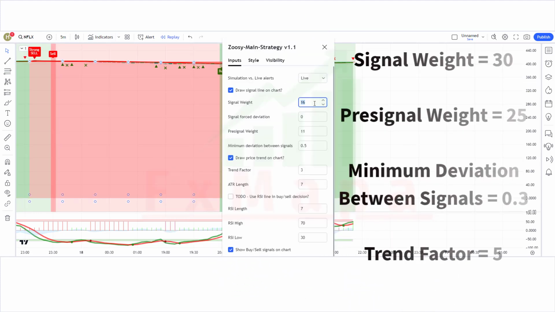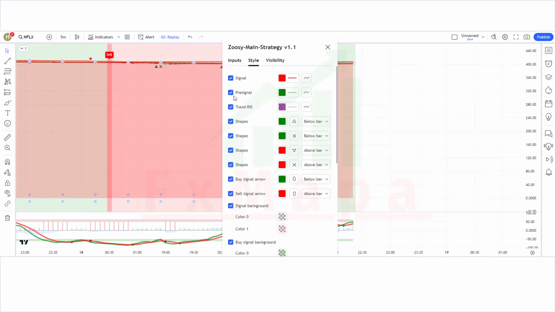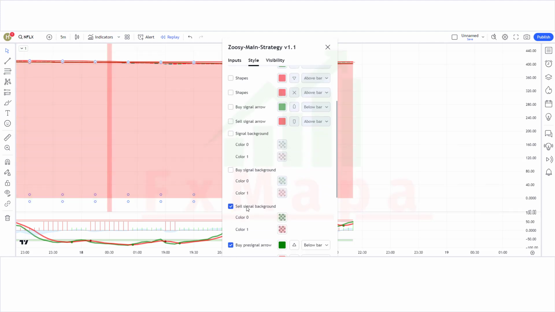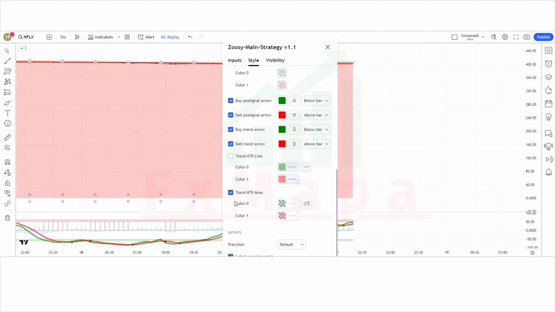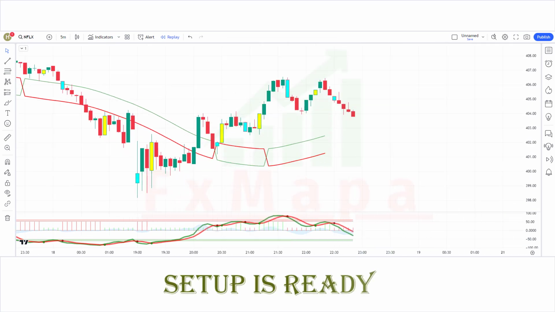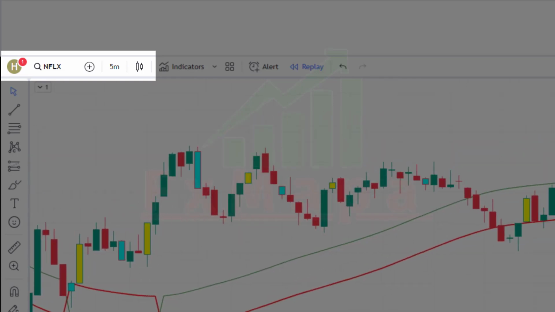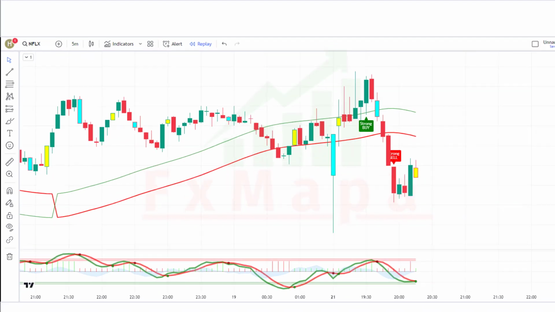Keep the indicator settings as I have shown here. Setup is ready. We are going to test this strategy on the 5 minutes time frame in the Netflix chart.